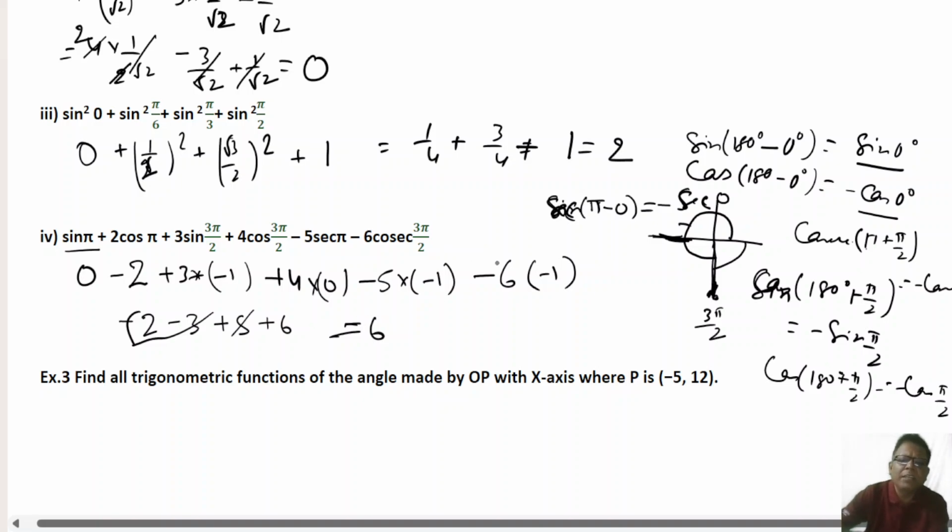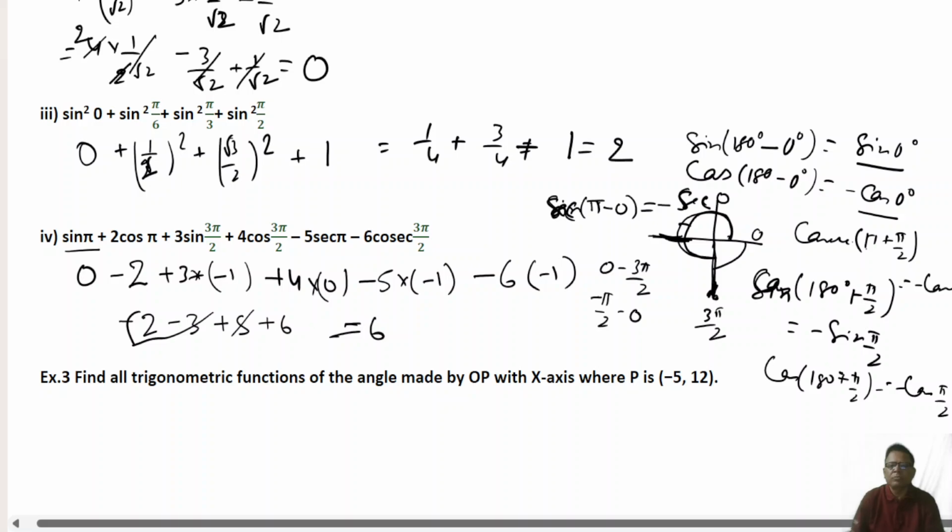So for any angle, what you do, you bring this angle between 0 to 3 pi by 2 or minus pi by 2 to 0. How we will bring? Either by adding 2 pi, 4 pi, 6 pi, or deducting 2 pi, 4 pi, 6 pi. Because the value of a trigonometrical ratio after adding or deducting a multiple of 2 pi, whether negative or positive, will remain the same.